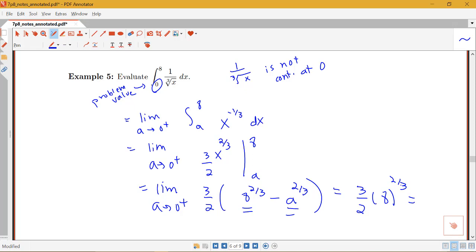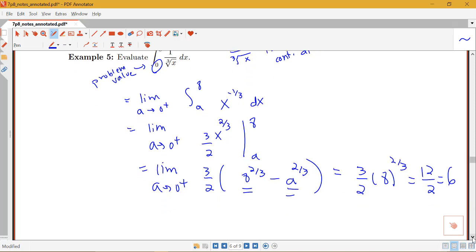Notice that 8 to the 2/3 would be the cube root of 8, which is 2, squared, which is 4, and then times 3/2, I'm going to get 12 over 2, or 6. So we found that this integral actually converges, and we can say that it converges to 6.